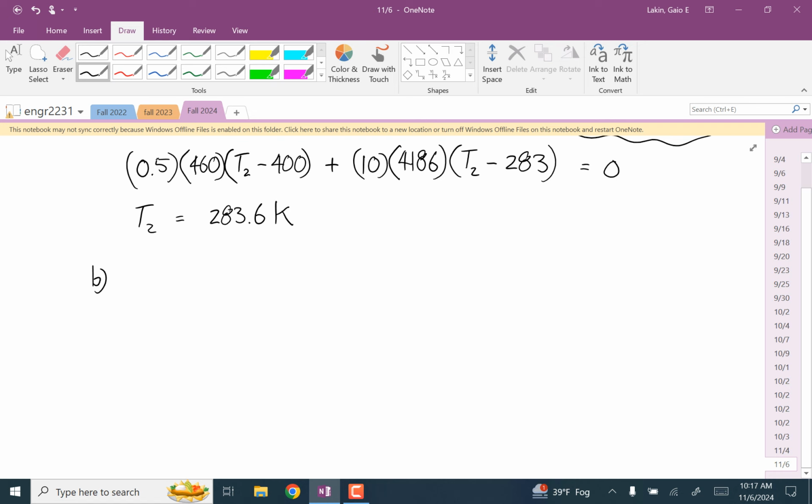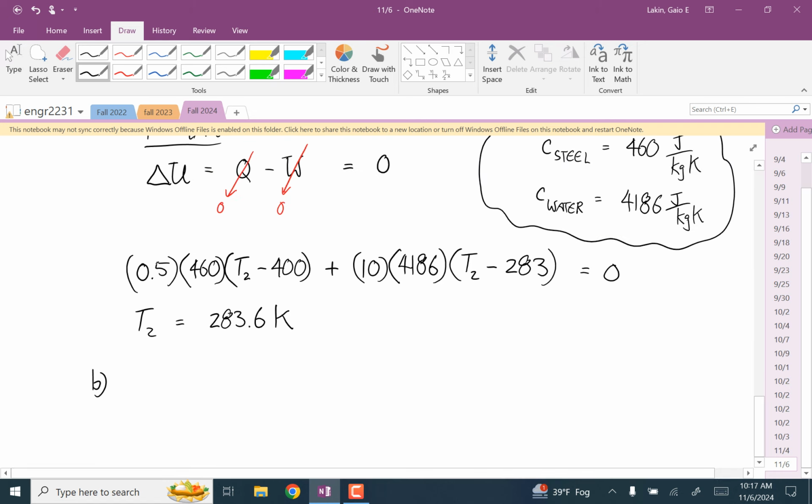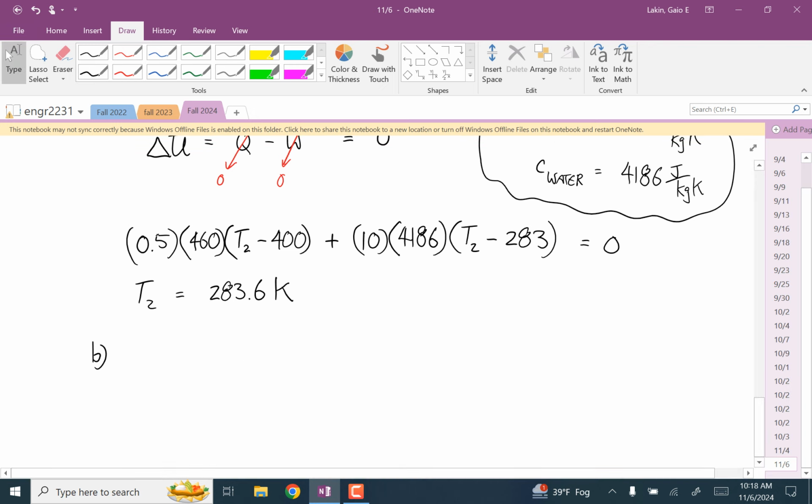Okay, but now the thing is, there's no way to know from the first law whether these two things would start at 283.6 and move to 400 and 283, or whether they would do what every kindergarten kid would know, start at different temperatures and come to the same temperature. So now we're going to try putting this into the second law, the entropy statement of the second law.